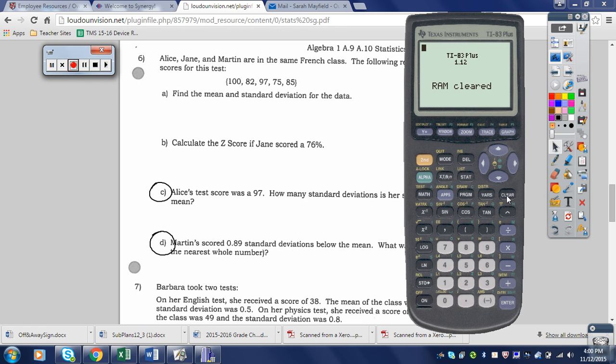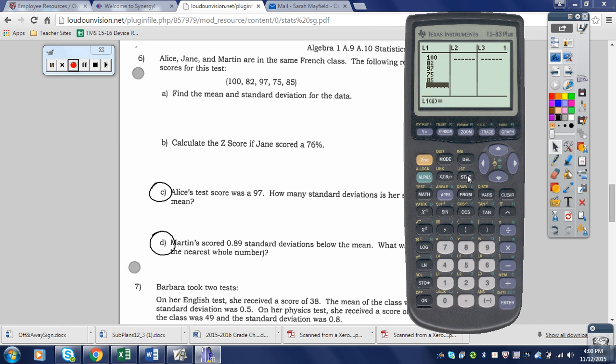Alright, so if I pull my calculator up, if I push stat, push edit, I'm going to enter in my data. So 100, enter, 82, enter, 97, enter, 75, enter, 85, enter.